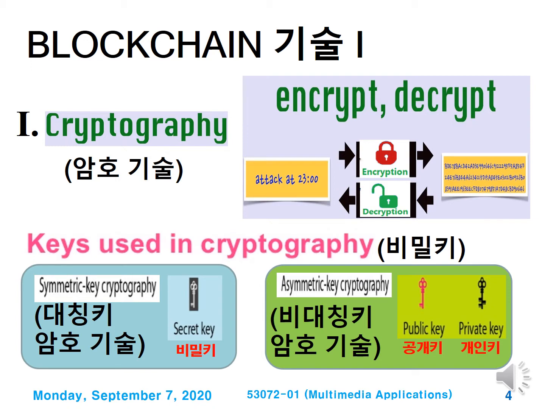So the encryption process and decryption process use different keys. So asymmetrical key cryptography uses both a public key and a private key.